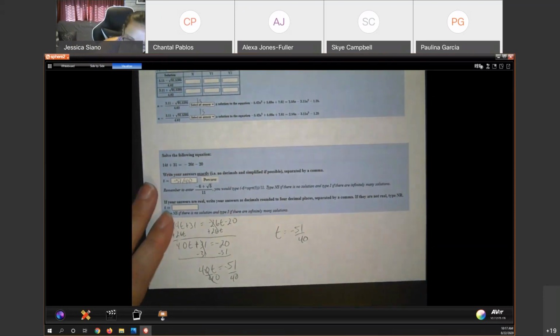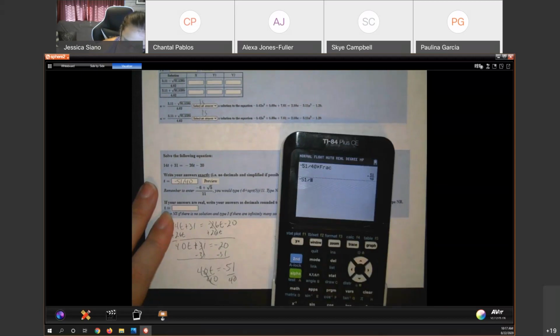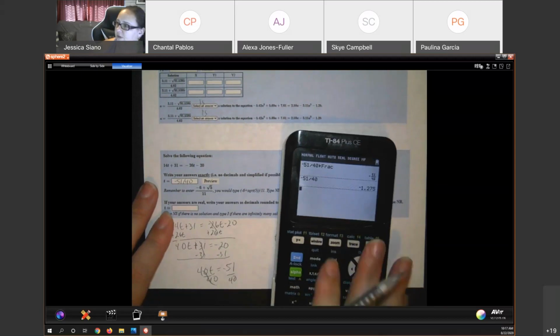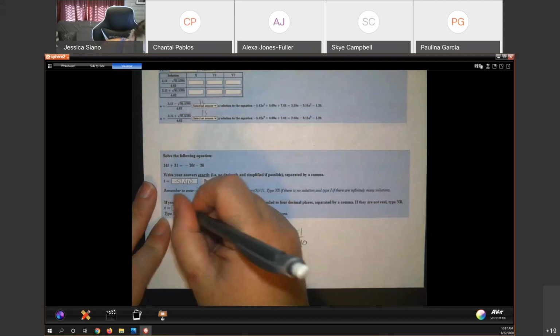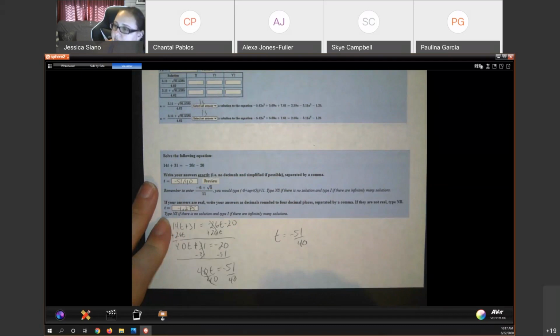And then they want that as a decimal. So negative 51 divided by 40, negative 1.275. Okay.